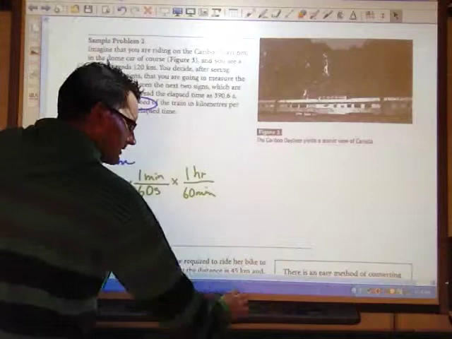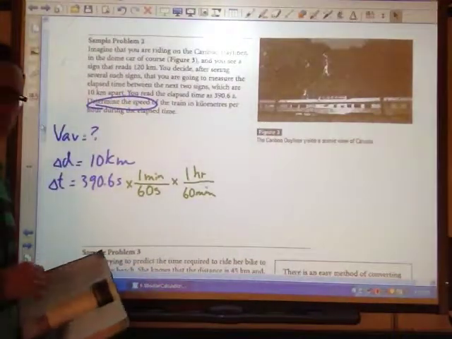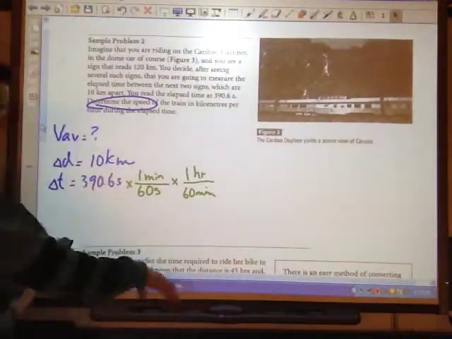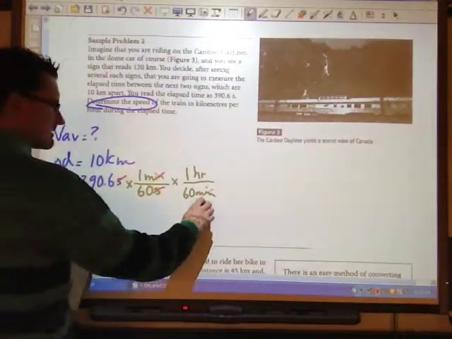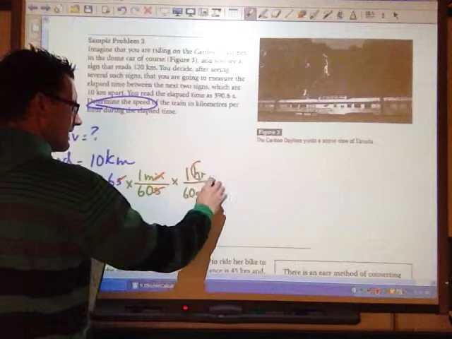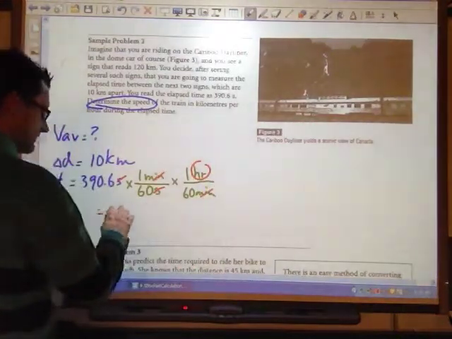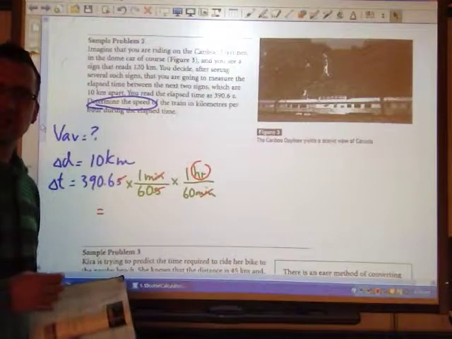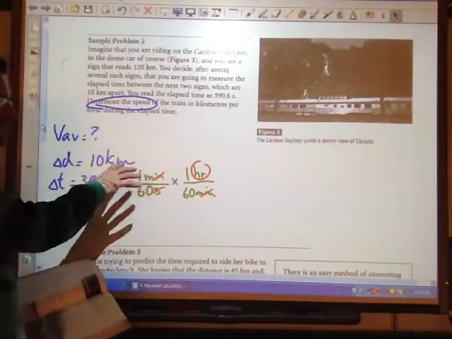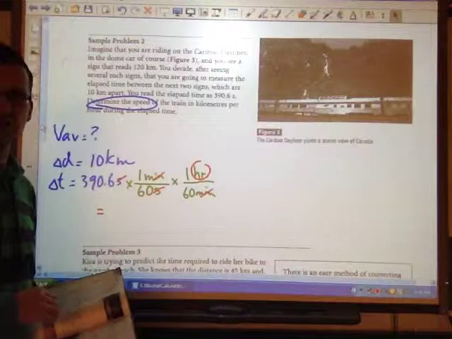So I haven't really gone through a setup like this, but I'm going to show you how to do it now. If we take a look at this, seconds cancel, minutes cancel with minutes, we'll be left with hours as a unit. And when you go on and take physical science courses, or Chem 30, Physics 30, we'll look into this dimensional analysis conversion in more detail.